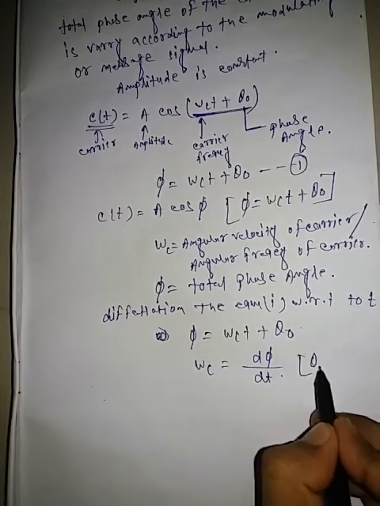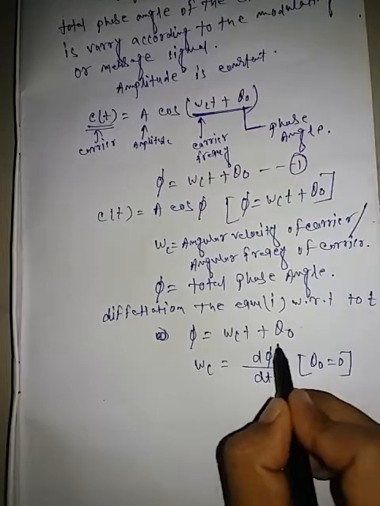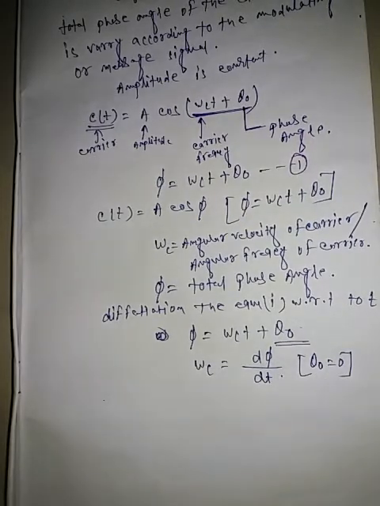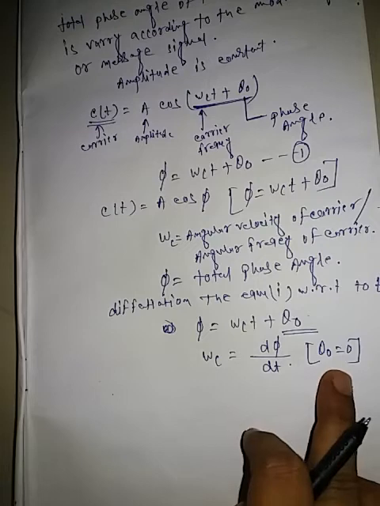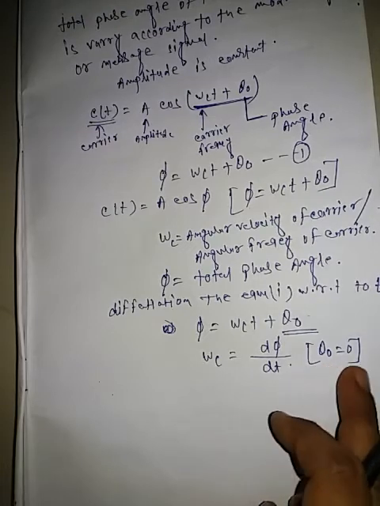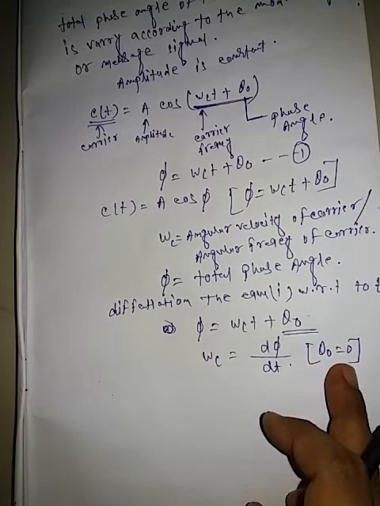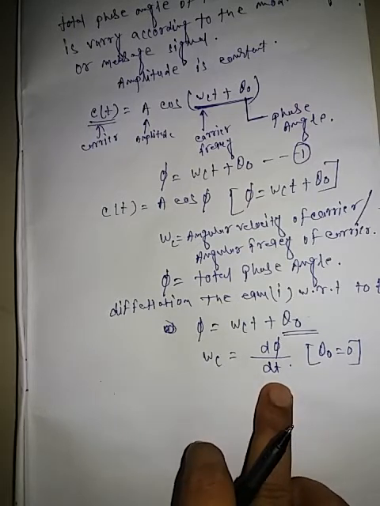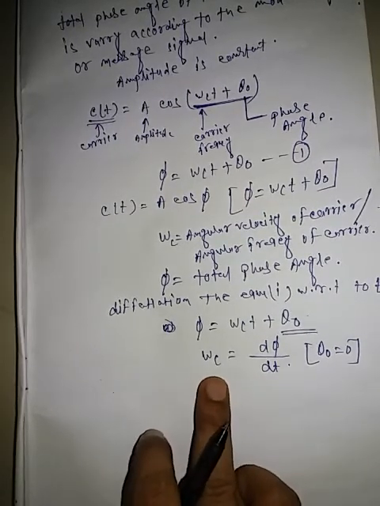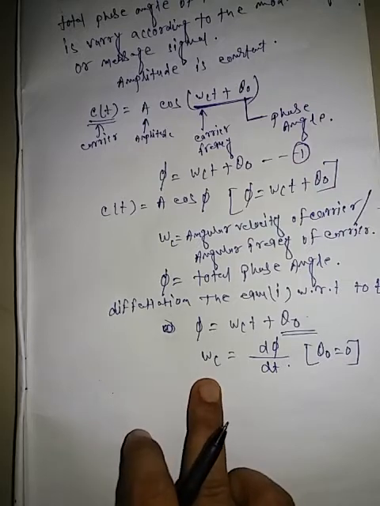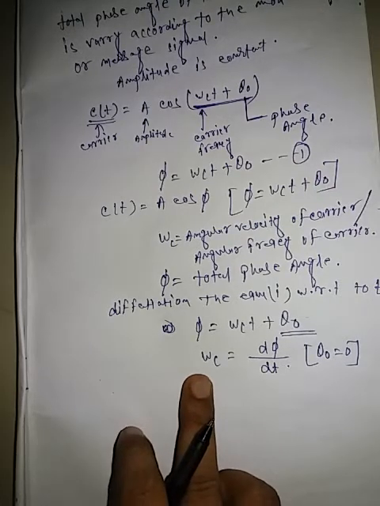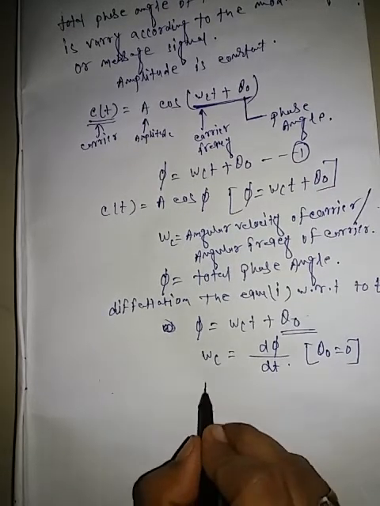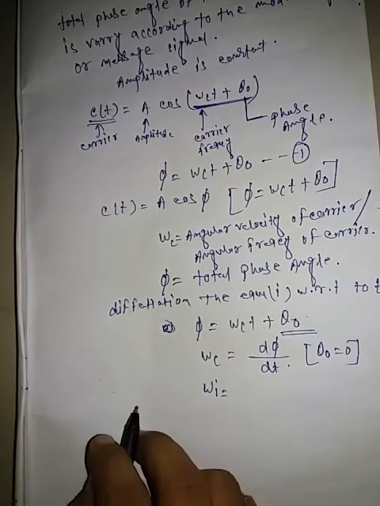The theta_0 is a constant term, so in derivative form its contribution is 0. This omega is variable, not constant, so it is called the instantaneous frequency.